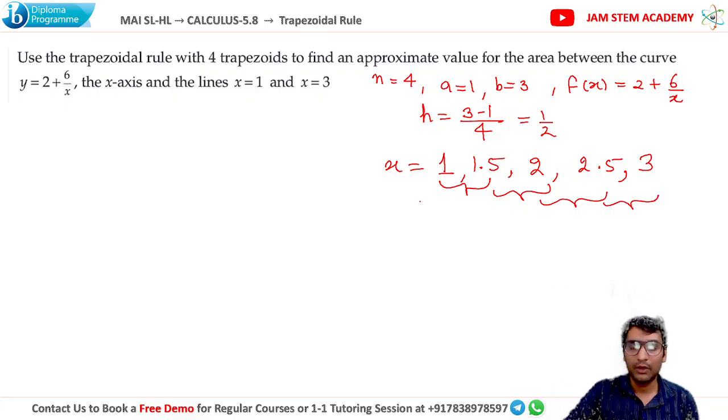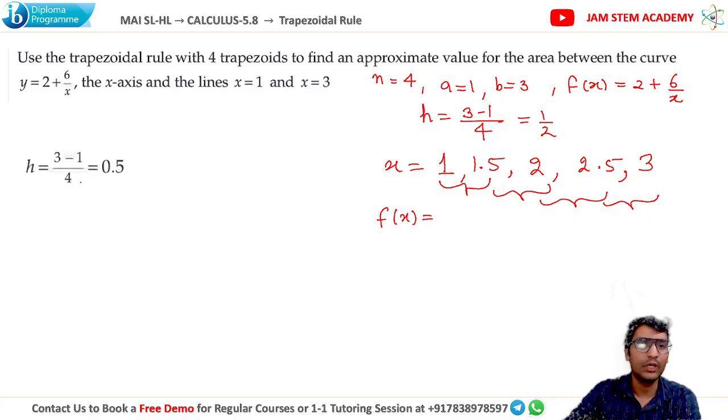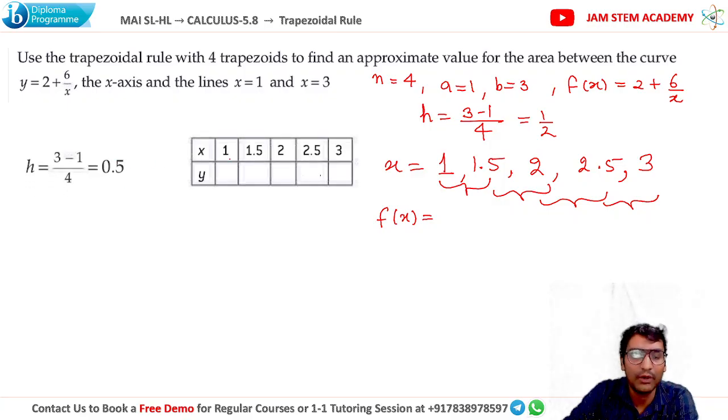Okay. Now we need the heights as well. So let's create a table, or you can find the f(x) values by taking x equals 1, x equals 1.5, 2, 2.5 using your calculator. Okay. So h value comes out as 0.5. Now let's find the value of y for x equals 1. That comes out as 8. The y value for x equals 1.5 comes out as 6.